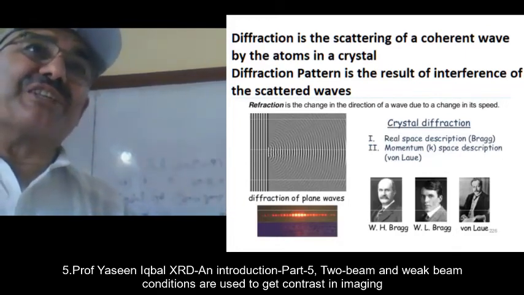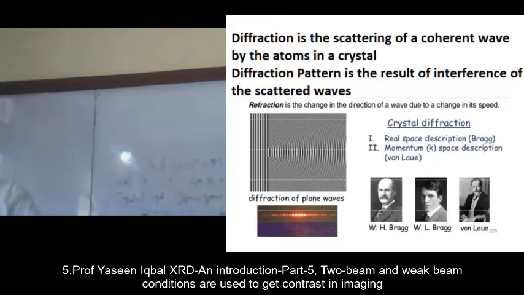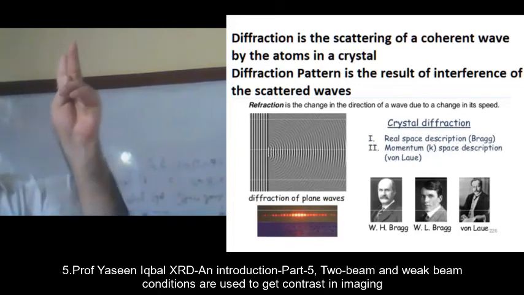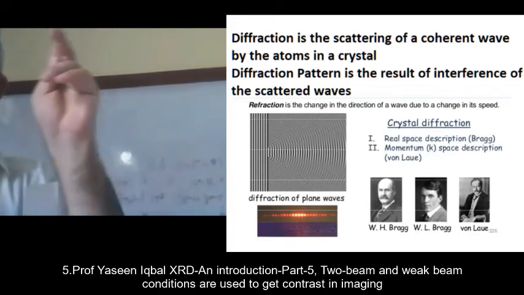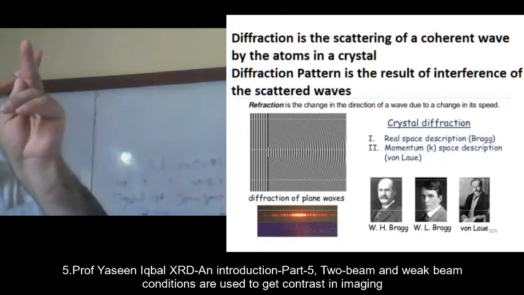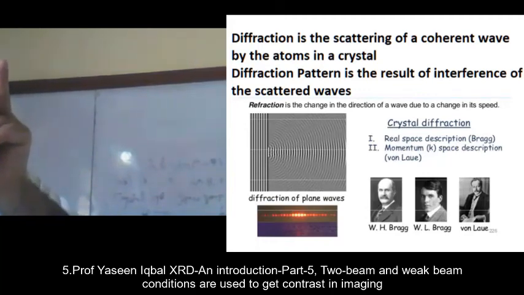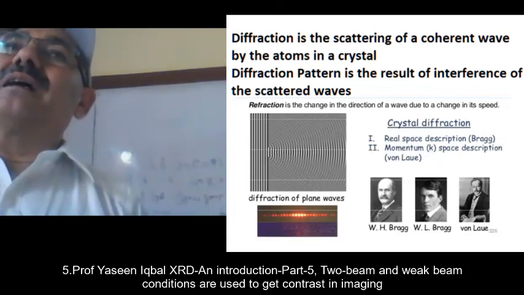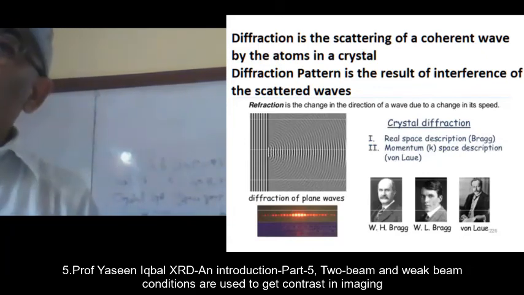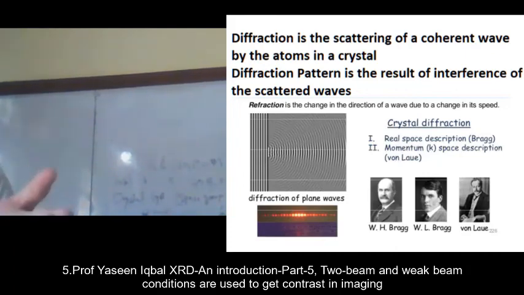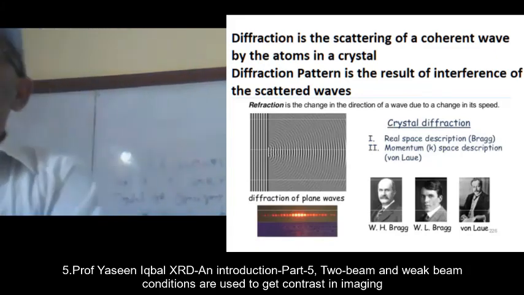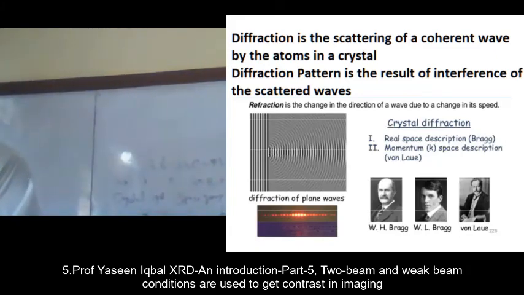In an electron microscope, there is the two-beam condition. The two-beam condition means that they select one transmitted beam and one diffracted beam to contribute to the image. Because when you focus the electron beam upon the sample, you are heating the sample. And if the sample is volatile, then the material is not stable under the beam.